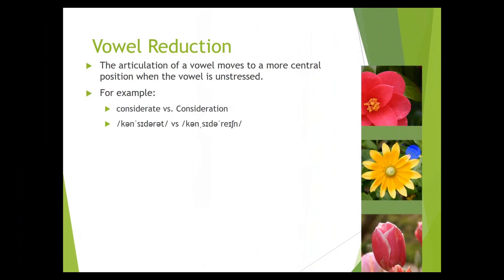Okay, the last one is vowel reduction. Here we reduce the vowel, so the articulation of the vowel is reduced. How do we reduce a vowel? By changing it from the strong form into the weak form. I hope you still remember the gradation.